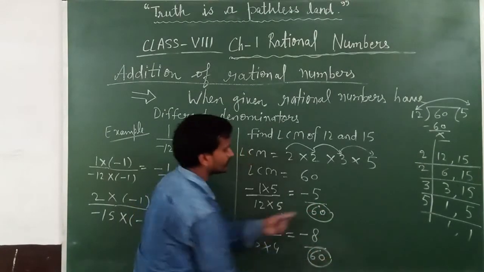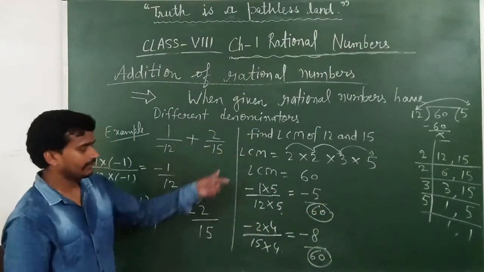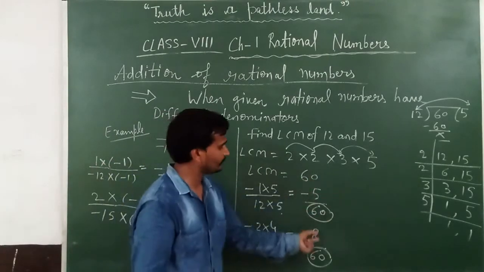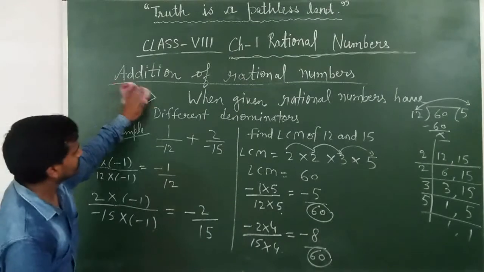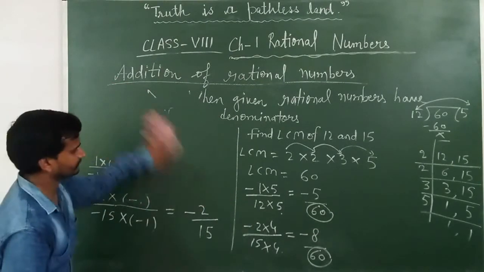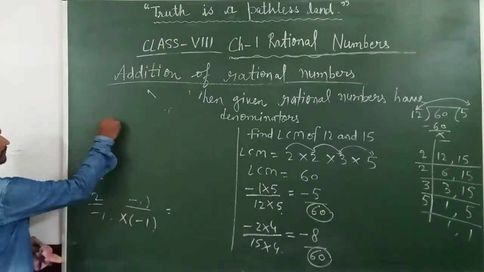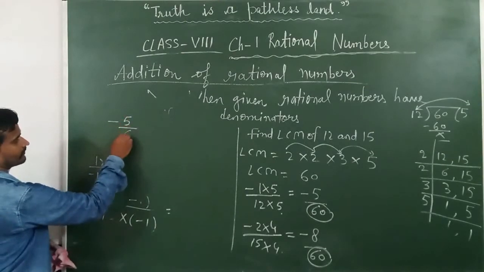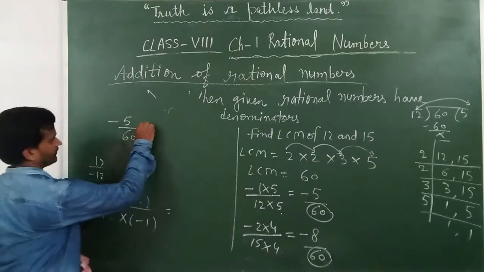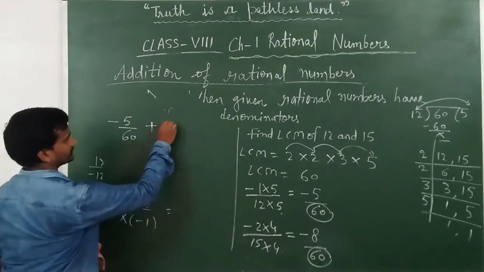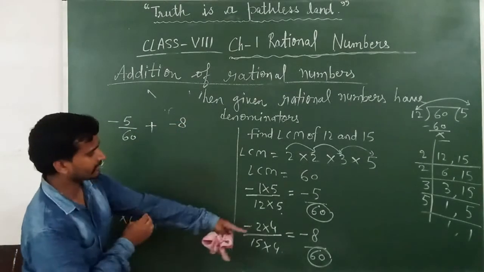Now denominators are same. We can simply add the numerators keeping the denominator same. Now we can write minus 5 upon 60 plus minus 8 upon 60.